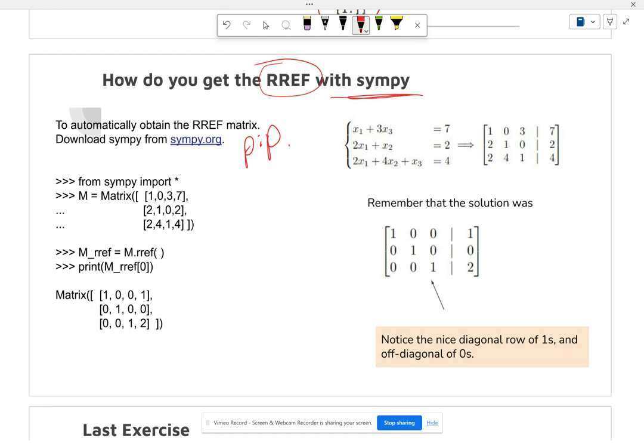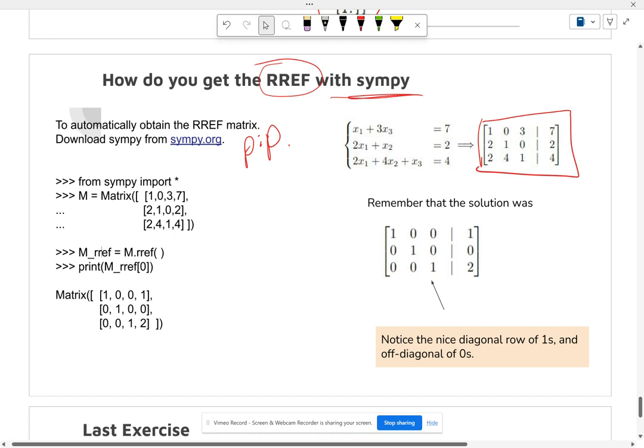And this was that same matrix that we had, right? This matrix here. So if you follow the code, you create the matrix, and this is the augmented matrix. Once you have the augmented matrix, you can call RREF.